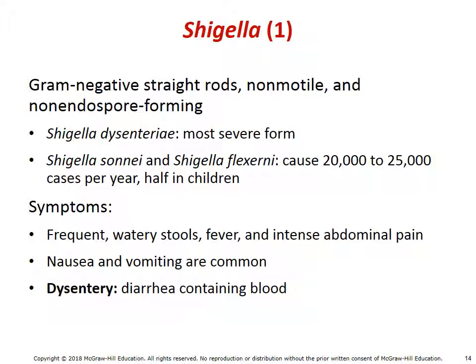The idea, though, is dysenteriae is a version of Shigella that causes that very significant problem. Shigella flexneri are going to also cause issues, but they tend to be much less severe. So what we see with this one, Shigella often causes frequent watery stools, fever, and intense abdominal pain. And again, if it's bad, like dysentery, it will cause blood to develop in the stool.